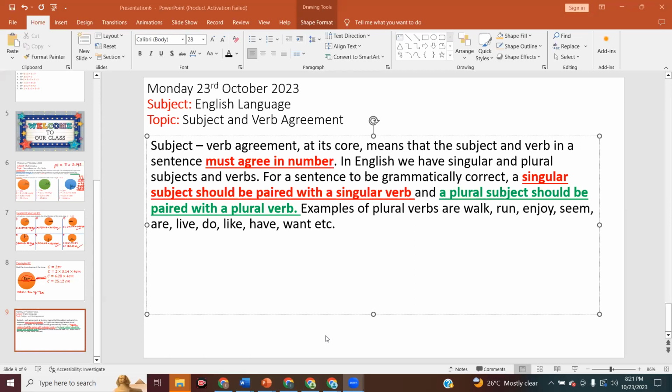Dance is plural for a verb. Remember, if it doesn't have an S at the end, it's plural for a verb. Speaks, very good. Jumps, plays, good. Enjoys, sleeps. Okay, those are good examples. Waits, very good.